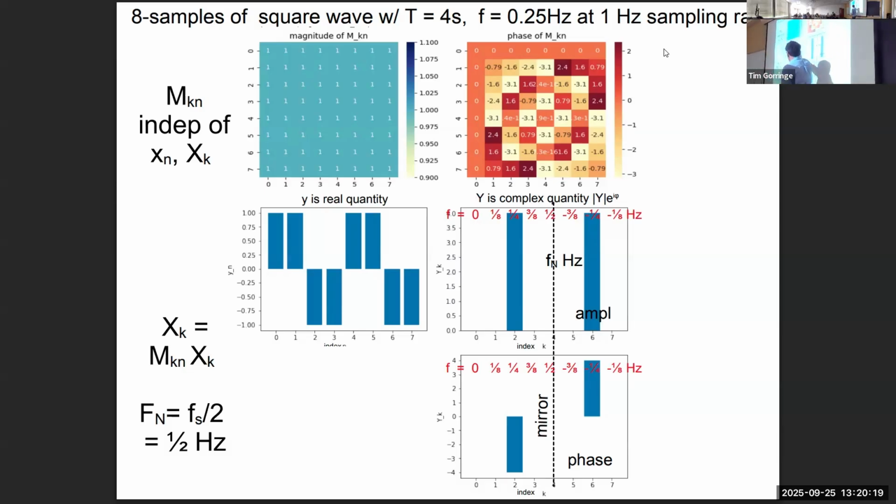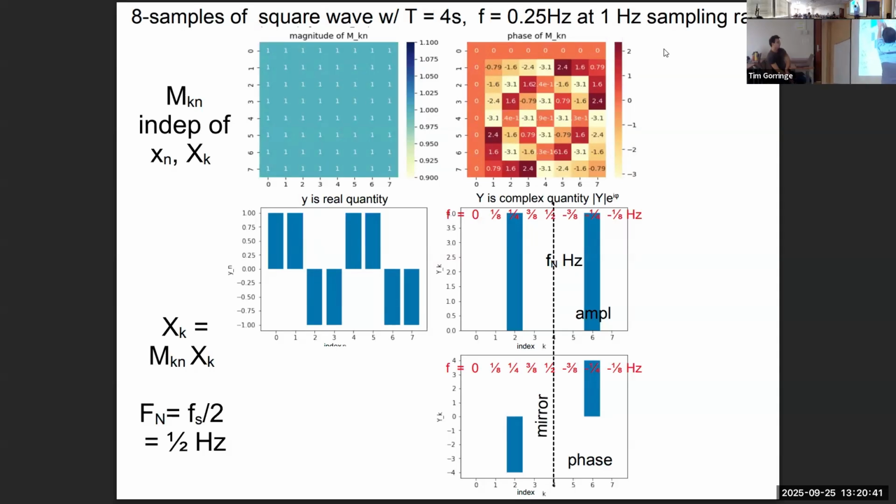If I take that data, and this is a typo here, this should be lowercase x n. If I multiply the matrix by the vector lowercase x n, I'm going to get the frequency domain data. That's what I've plotted over here.